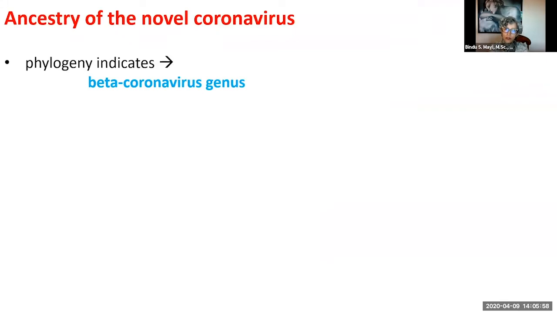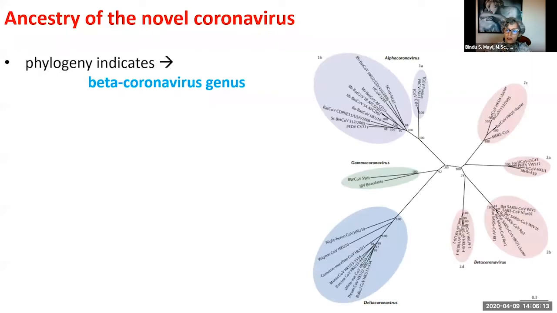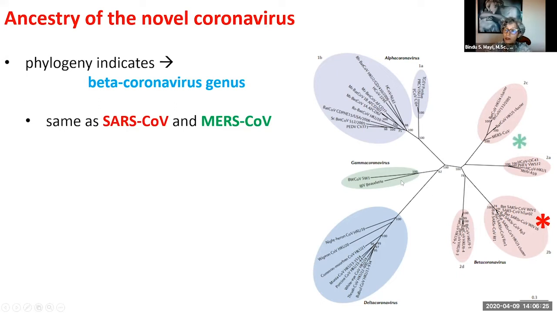So when the new coronavirus burst onto the scene and researchers sequenced the virus and we compared the genetic sequence with these other notorious coronaviruses and did a tracing of ancestry, we realized that this is also a beta coronavirus, similar to SARS coronavirus, which belongs in this section, and similar to MERS coronavirus, which belongs in this section.